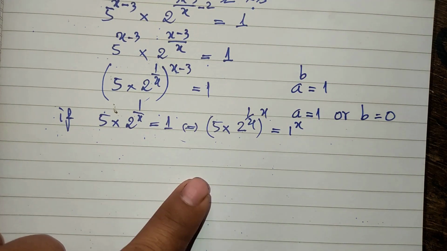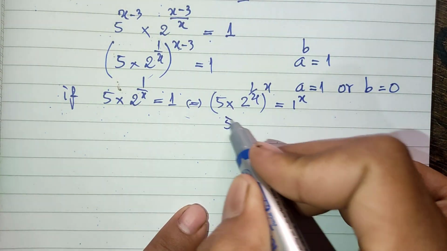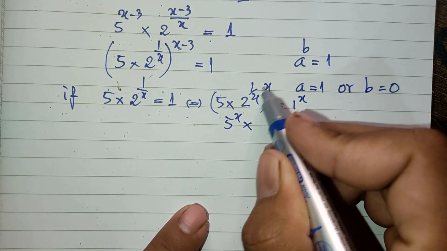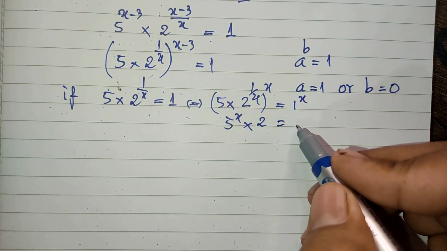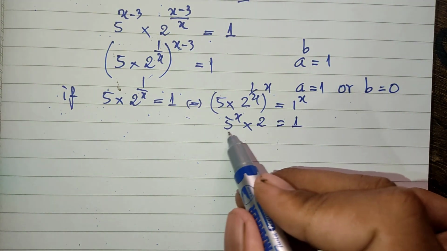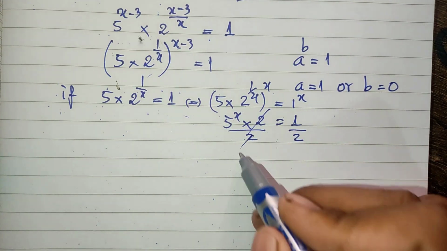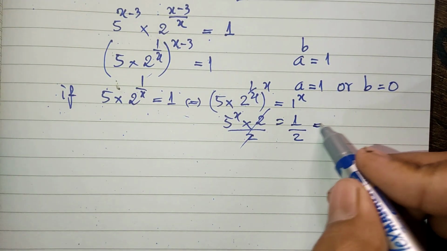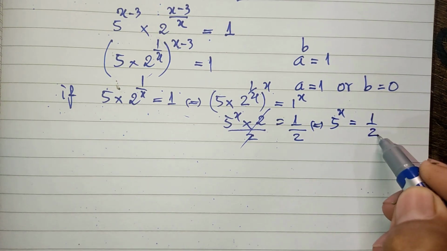If we simplify, we get 5 power h multiplied by 2 equals 1 power h, which is 1. Now we divide both sides by 2, and we get 5 power h equals 1 divided by 2.